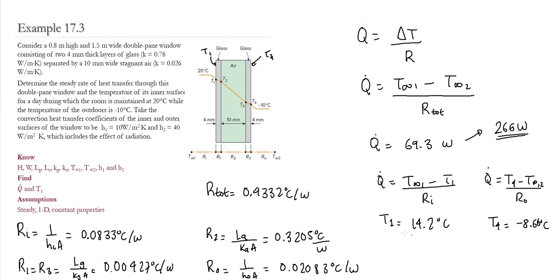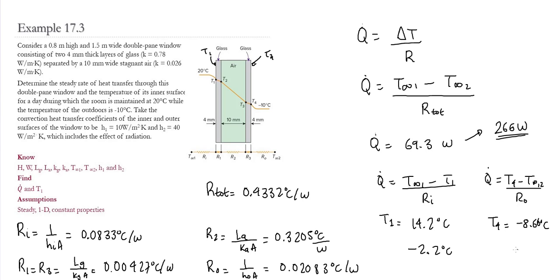You also see that the temperature for a double pane window was 14.2. However, in the previous case, with a single glass, that temperature was equal to negative 2.2 Celsius, which means that the temperature of the inside of the glass close to the room is significantly higher by 16 Celsius.